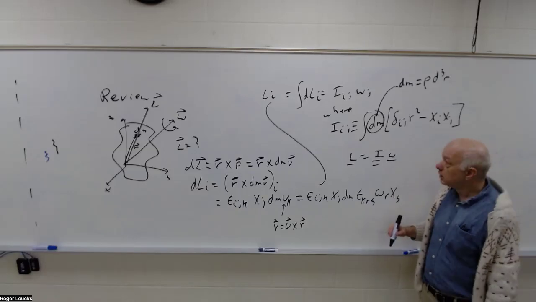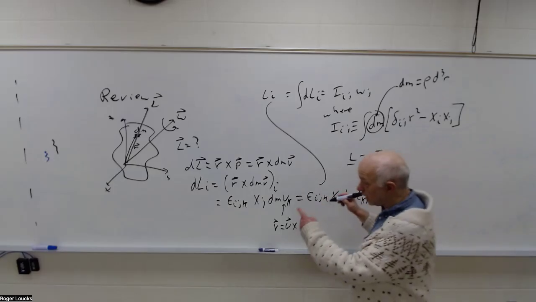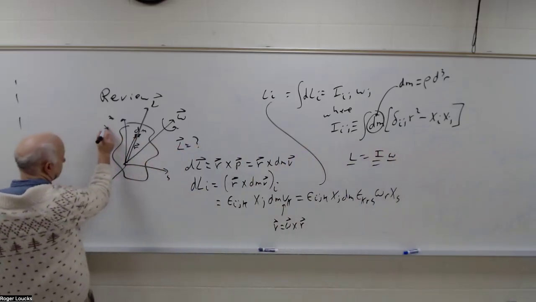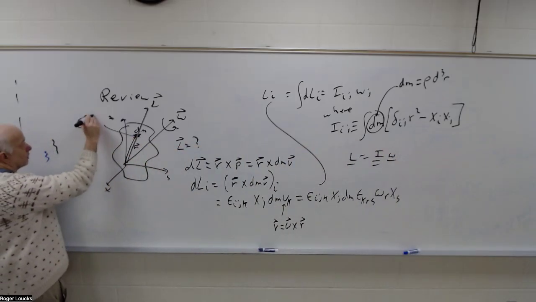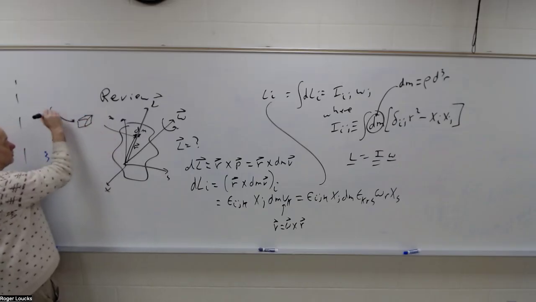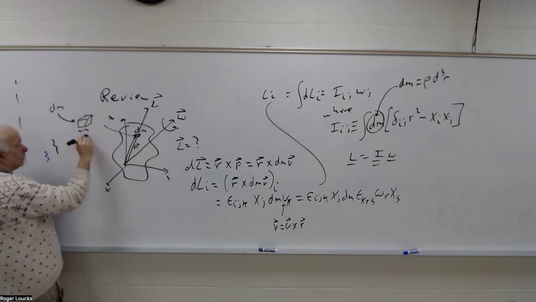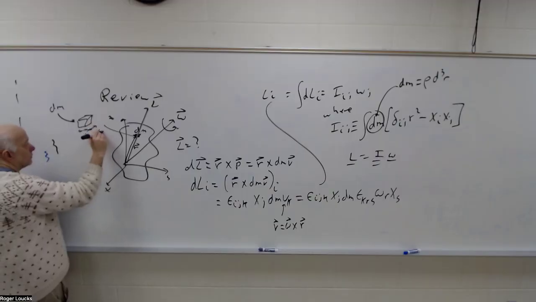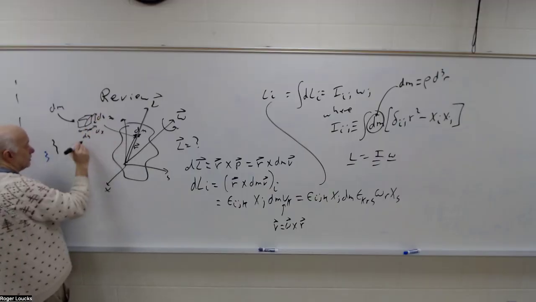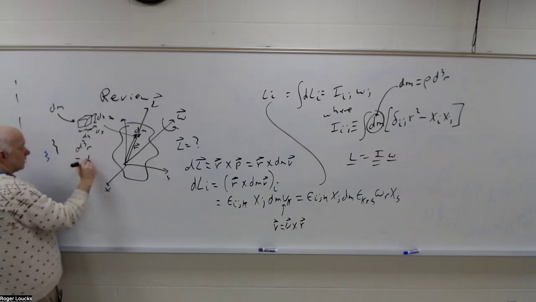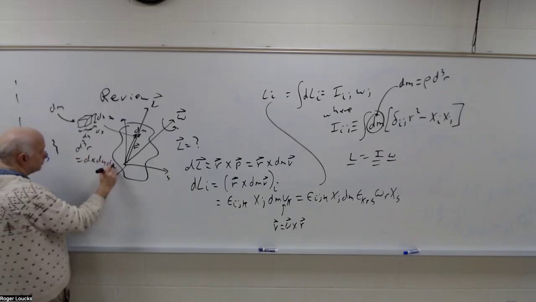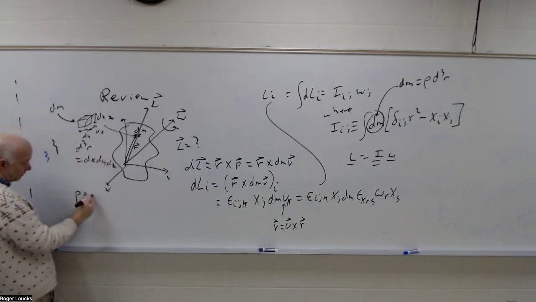It's dx, dy, dz. If you look at this little column here, this is what our dm is, and this would be our dy, this is the dx, and this is our dz, so d3r is dx dy dz. Your density is mass over volume.